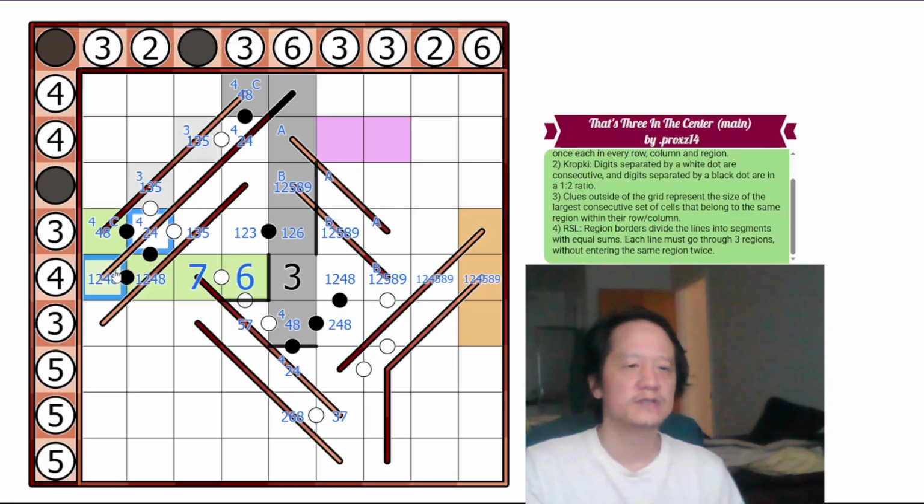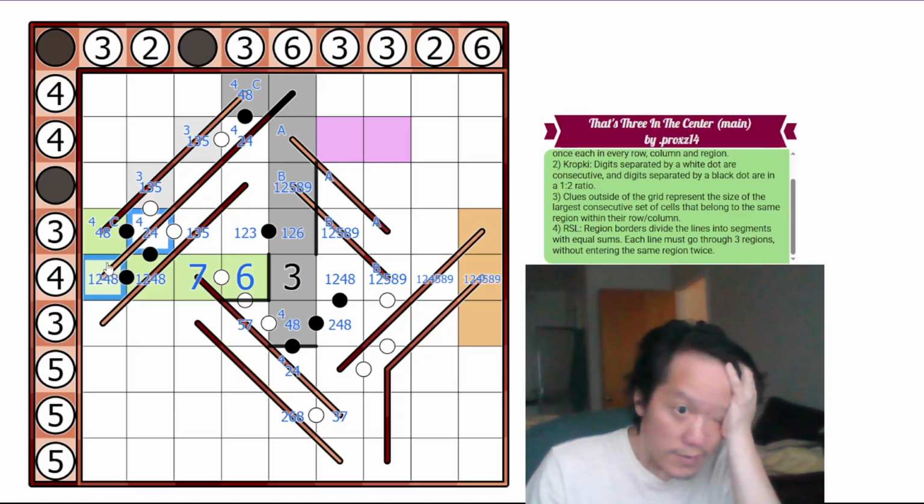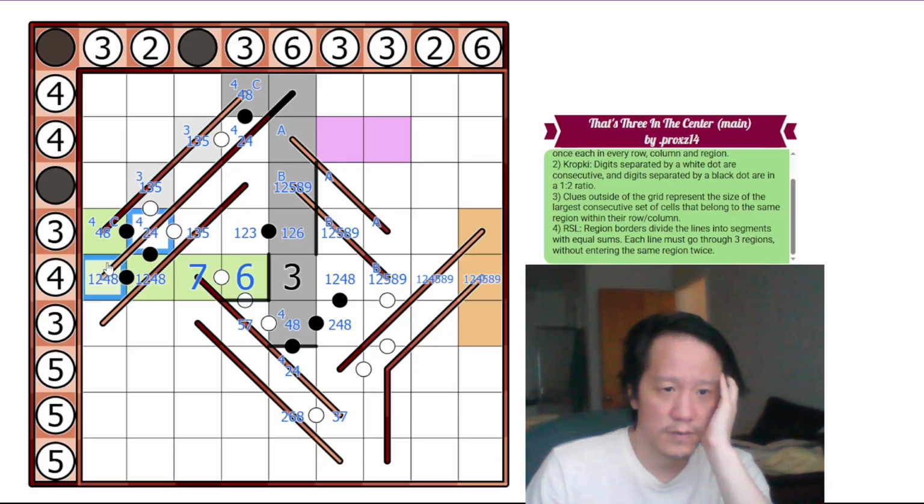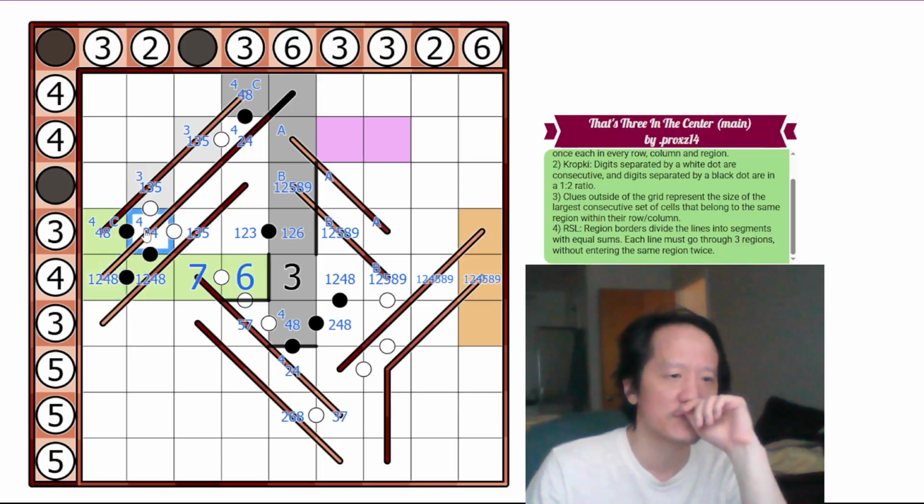These definitely can't be separate regions. 8, 4. Oh, wait, could be if this is. No, 4 can't be. These can't be separate regions. 8, 4.